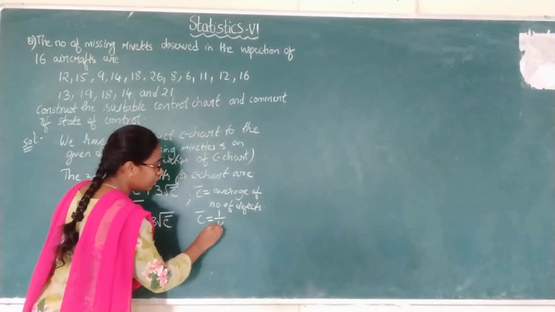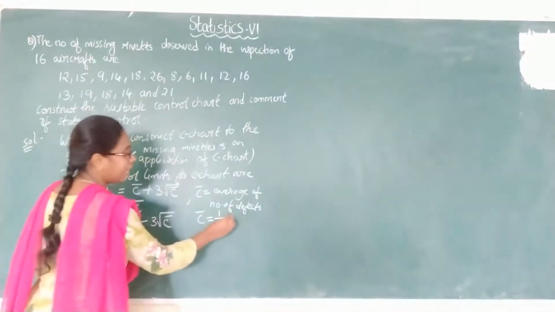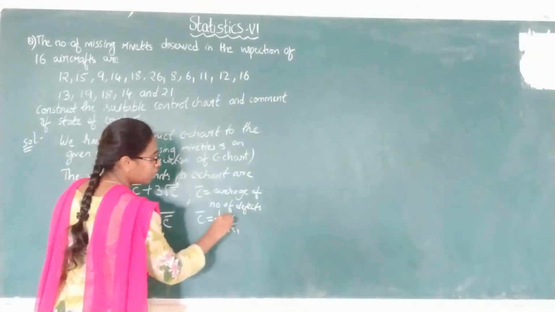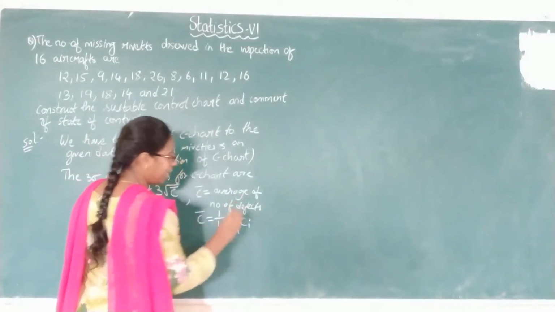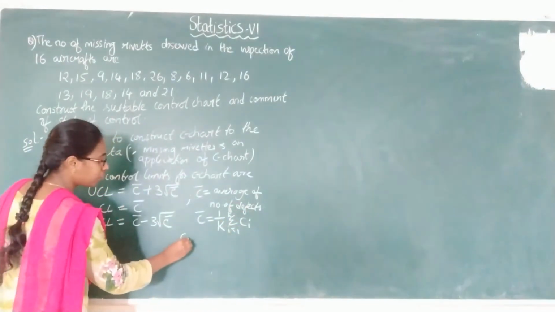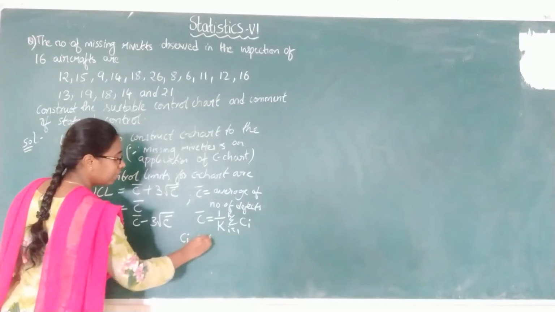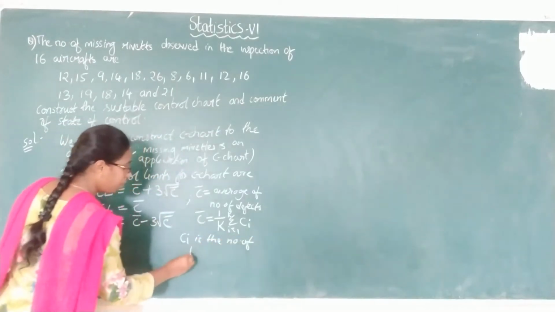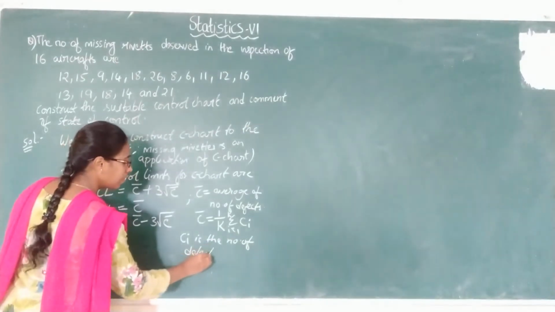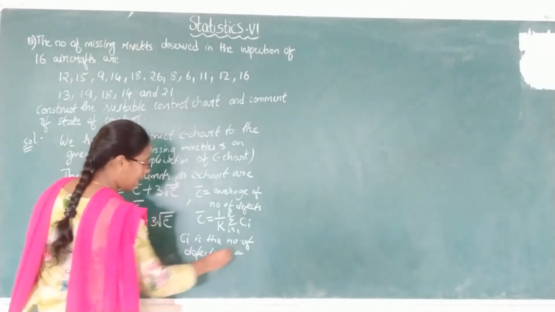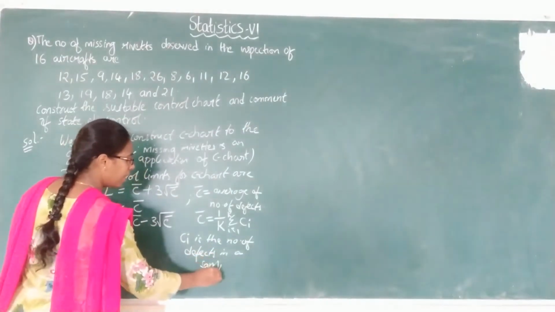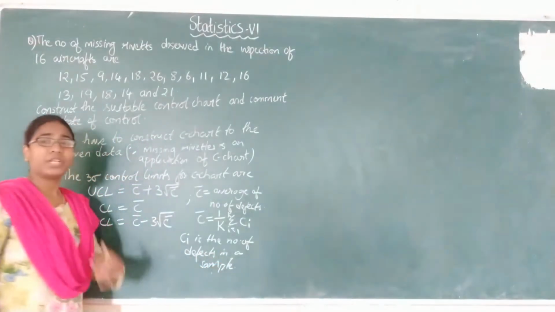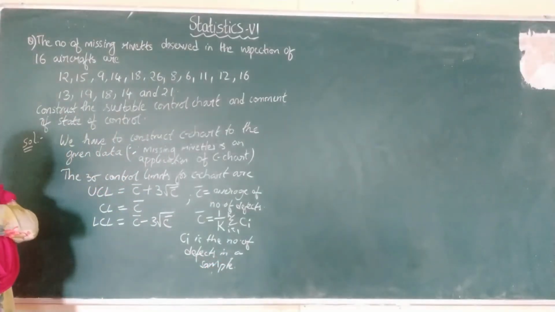The general formula is C bar equals 1 by k summation i equals 1 to k Ci, where Ci is the number of defects in a sample. So in a particular sample, how many defects are there, that is called Ci.